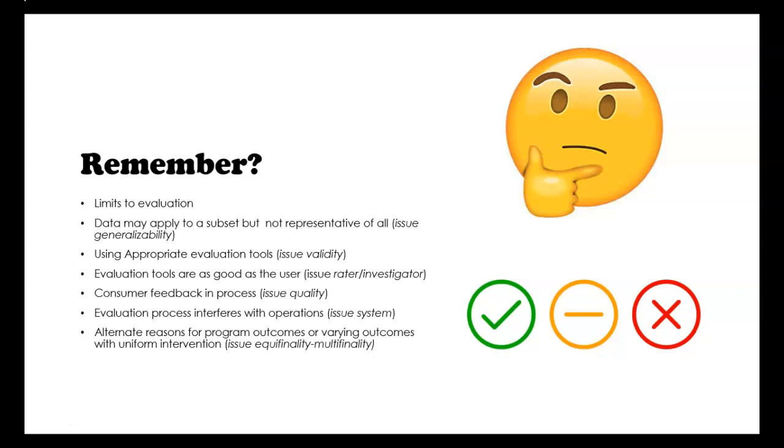The other concept is multifinality, where you have the same outcome or different outcomes from different inputs. Or more clearly stated, you may have workers that are providing the same intervention but getting different outcomes.